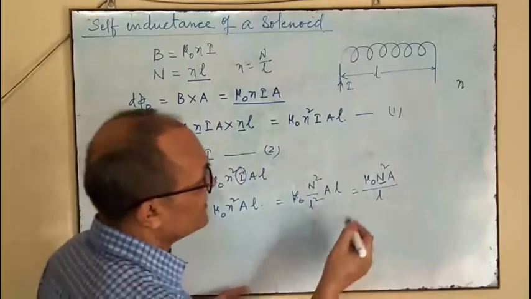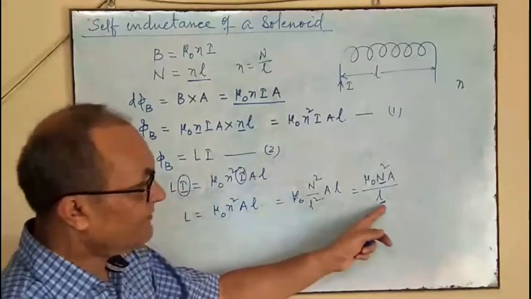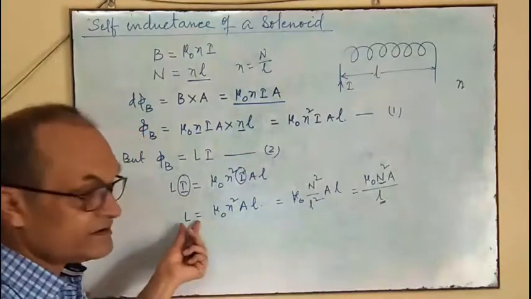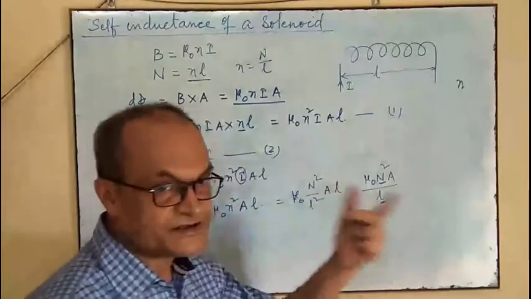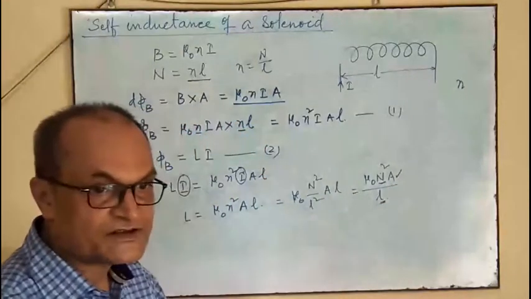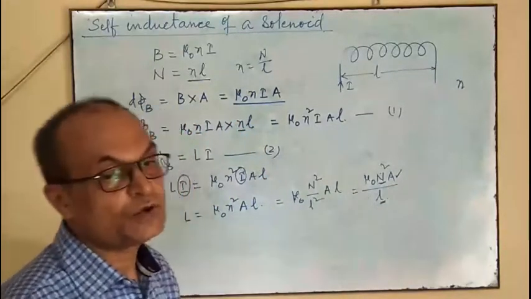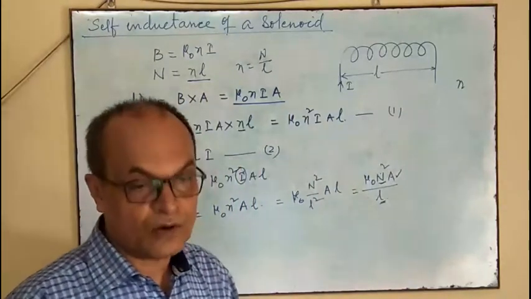It also depends upon L: if L increases, the inductance decreases. If N increases, inductance increases. If area increases, inductance increases. And it also depends upon the nature of the material of the core.